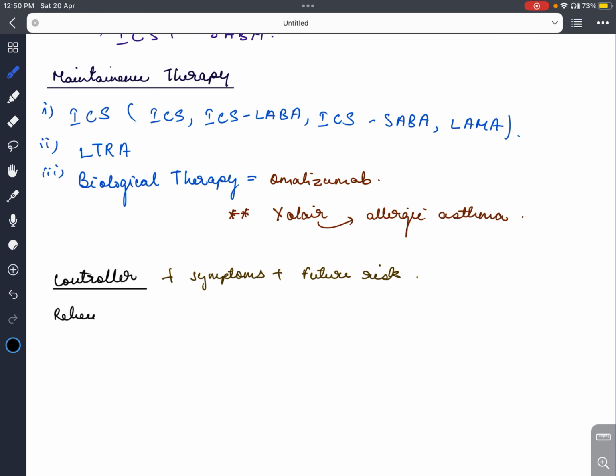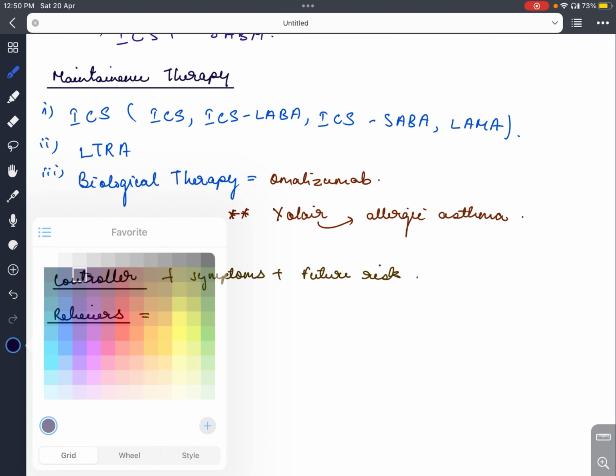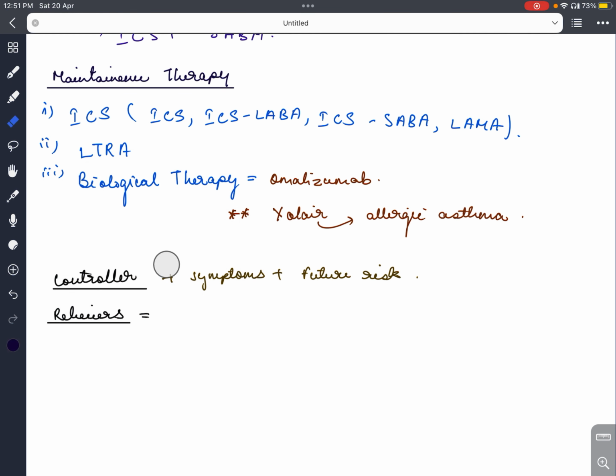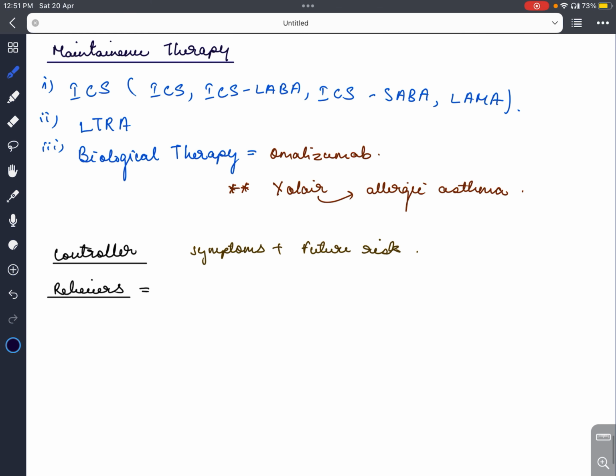Some examples of the relievers we actually use are SABA, short-acting beta agonists, then ICS formoterol, and then ICS and SABA.